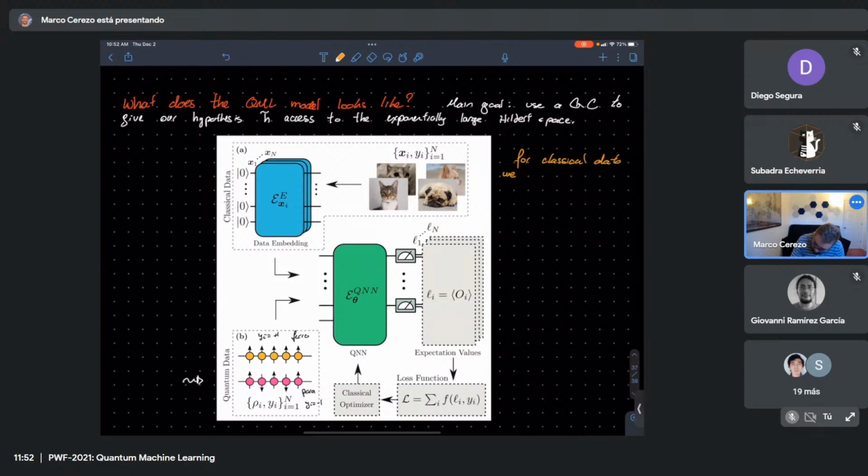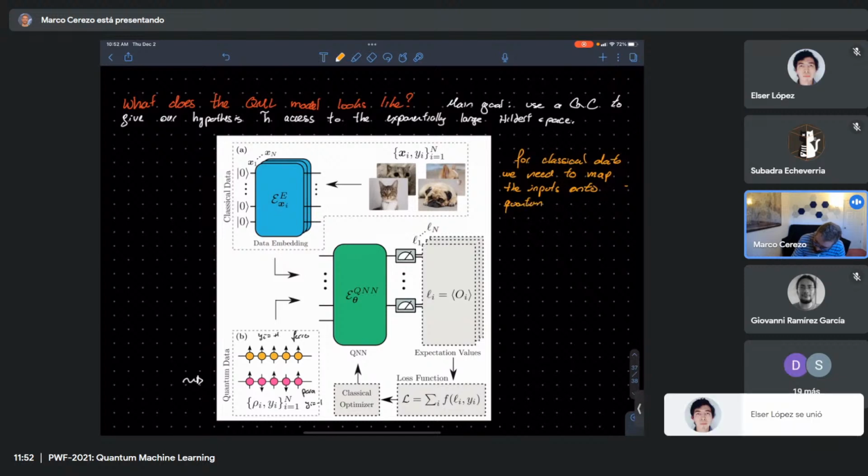we need to map the inputs onto quantum states, right?